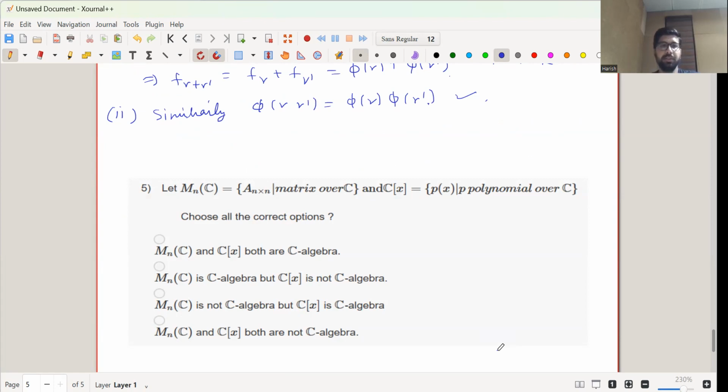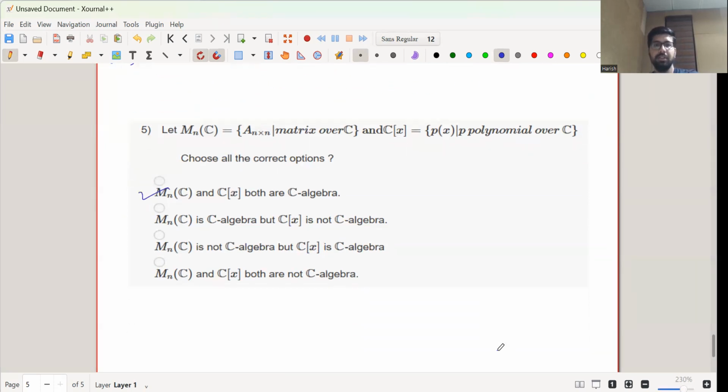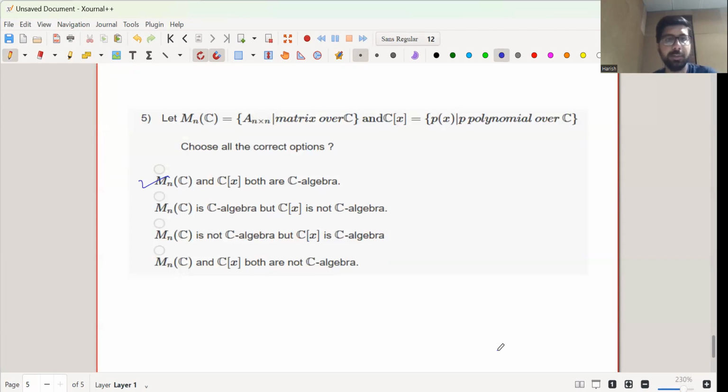This is the example of an F algebra that I gave, right? In the beginning, I gave this example. This will be a ring with matrix addition and matrix multiplication. The collection of all matrices over a field forms a ring, right? That is called a matrix ring, with the addition of matrices and multiplication of matrices. And the scalar multiplication is just alpha times some matrix, say A_ij, you multiply alpha with everything.